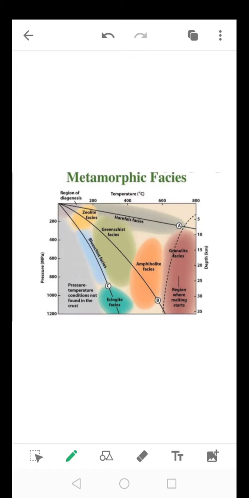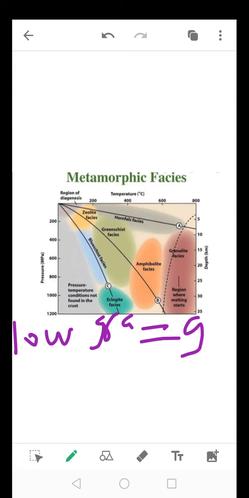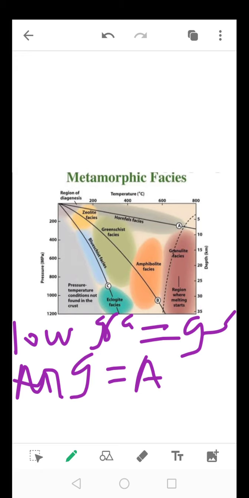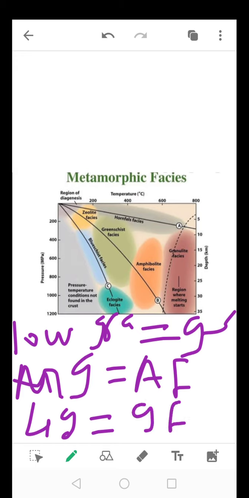And we've discussed that when we apply those facies geologically, low grade is equal to the greenschist, the middle grade to be amphibolite facies, and the higher grade to be granulite facies. So low grade is greenschist, middle grade is amphibolite, and high grade is granulite. This is the Barrovian metamorphism.